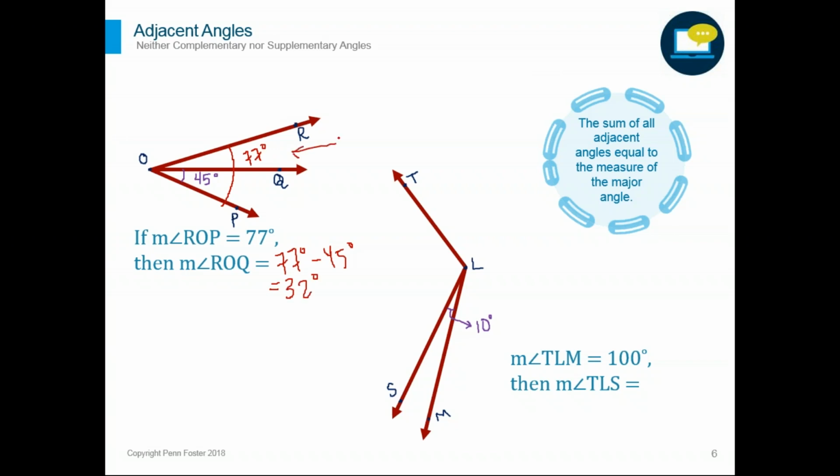In the same way, if two angles are adjacent, then they do not have to be complementary or supplementary. In this question, for example, the angle TLM, which is the angle here, measures 100 degrees. Part of it is 10 degrees. Then I'm going to do subtraction, 100 minus 10, and that will give you 90 degrees.